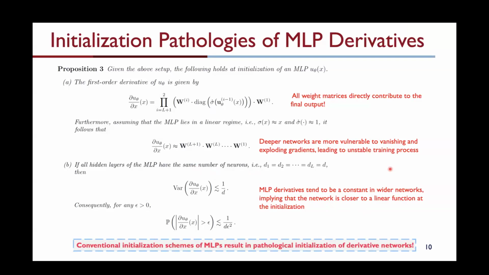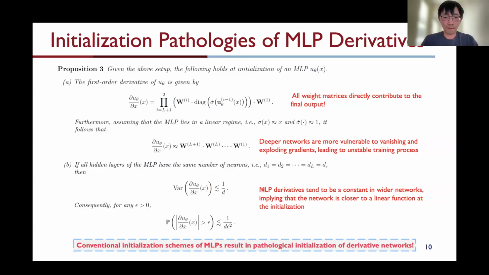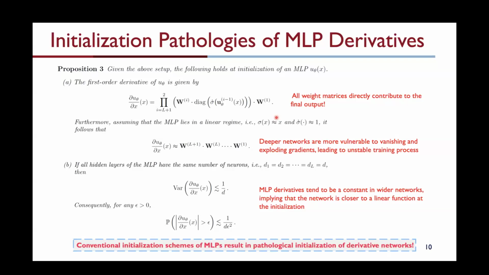Okay, then. Yeah, so one question. Essentially, this part is saying that you have vanishing gradients, right? Your derivatives will become really, really small. No, this is what happens at the network initialization. Yes. But the idea is that here you're proving that the first derivative of u with respect to x will become really, really small, because you have a really long network.